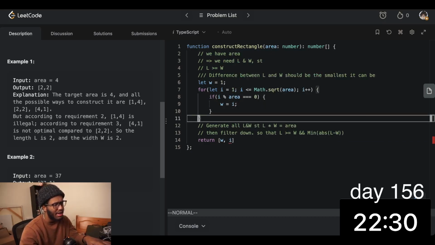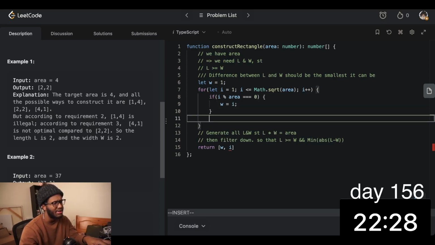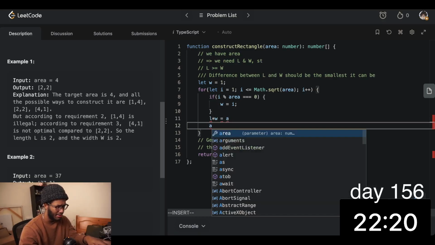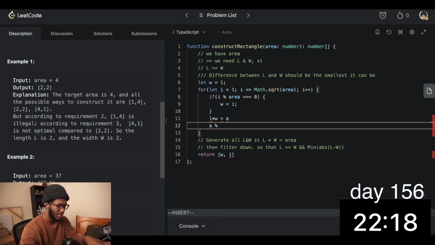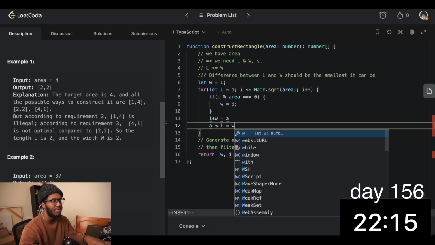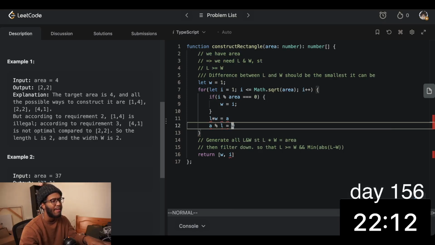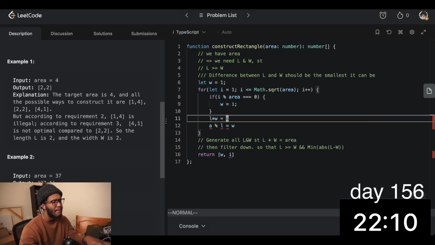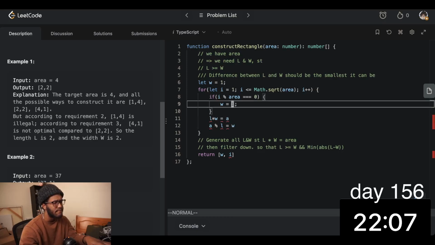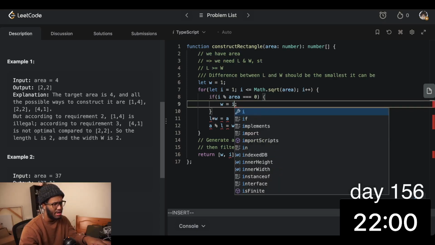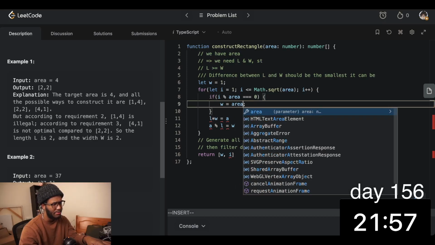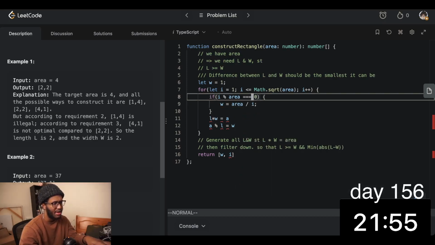Well, W would equal to I. It's pretty much like saying L times W equals A. But we're saying if A mod L equals W, which means W must be area divided by I.